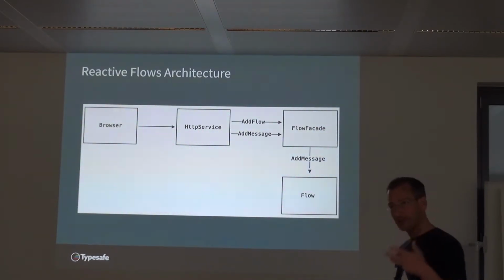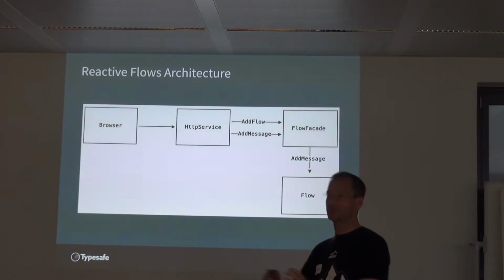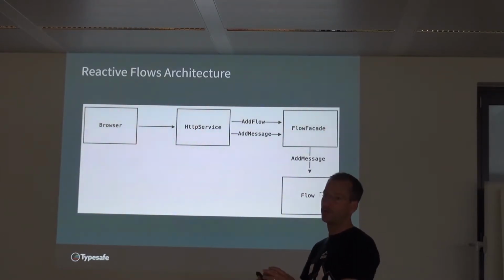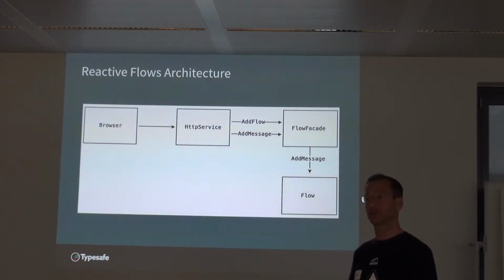And they eventually will end up in your bind and handle method, okay? All asynchronous message passing between a couple of worker actors. A worker for the connection, maybe a worker for the request. It all depends on the implementation details. But there's a couple of actors sending messages to each other.